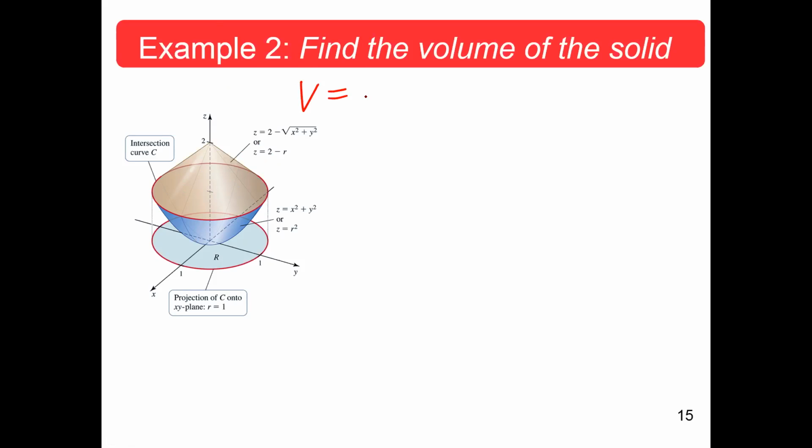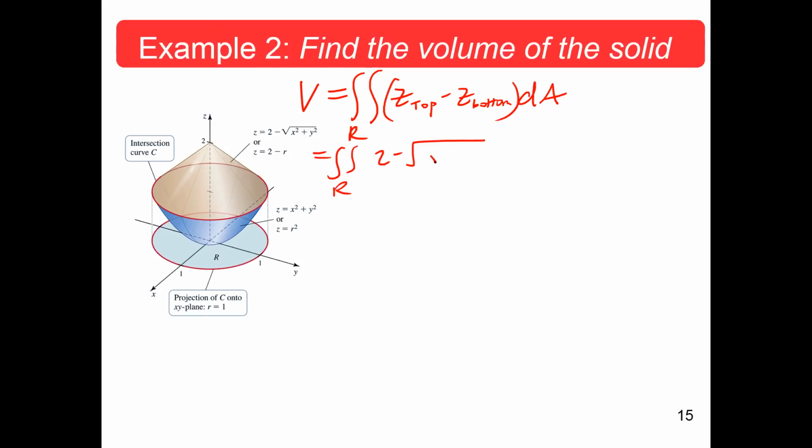We said volume will be the double integral over the region R of z top minus z bottom dA. Previously, the top function is 2 minus the root of x squared plus y squared, subtract the bottom function x squared plus y squared, and dA.